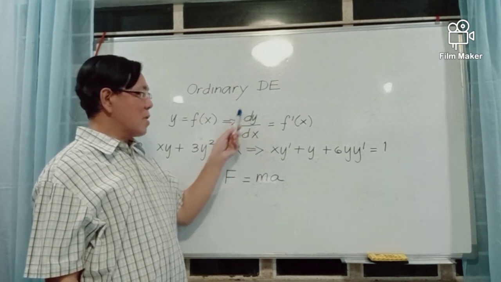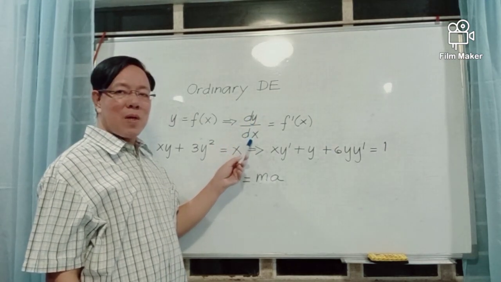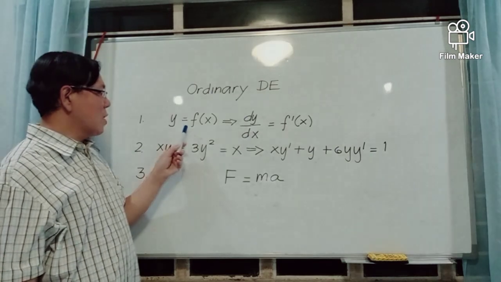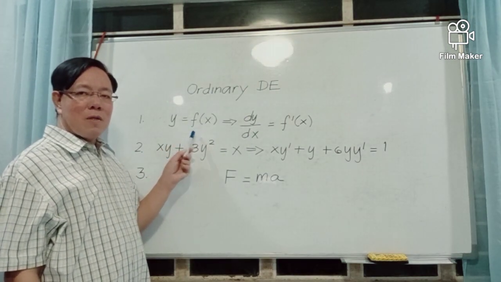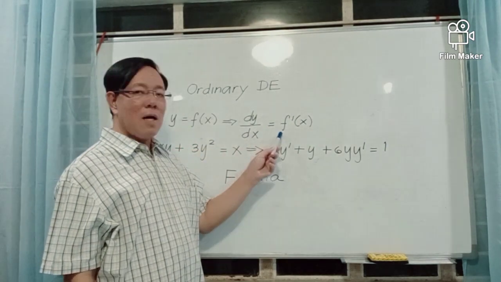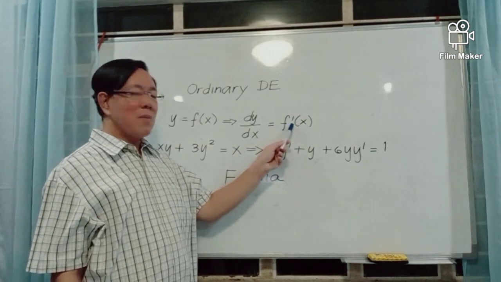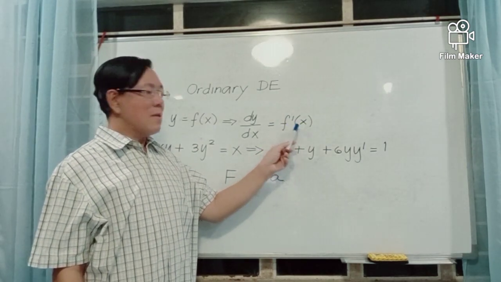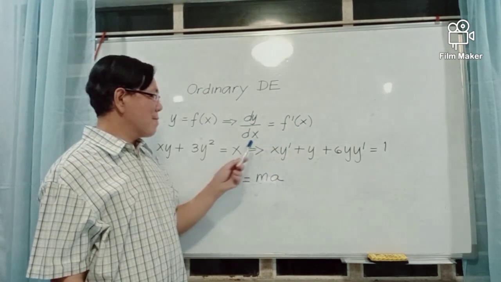This is actually the first derivative of y with respect to x, equals the derivative of the function f of x. The derivative of f of x we write as f prime of x. f prime of x denotes the derivative of f with respect to x.